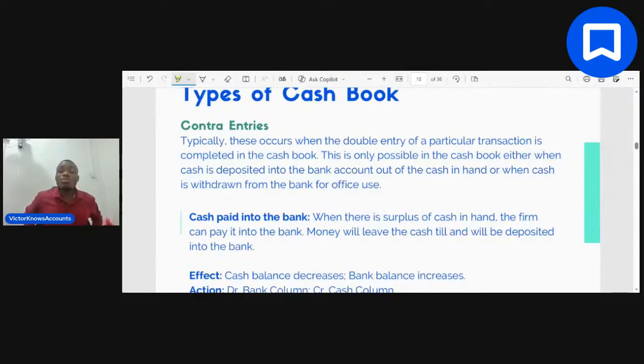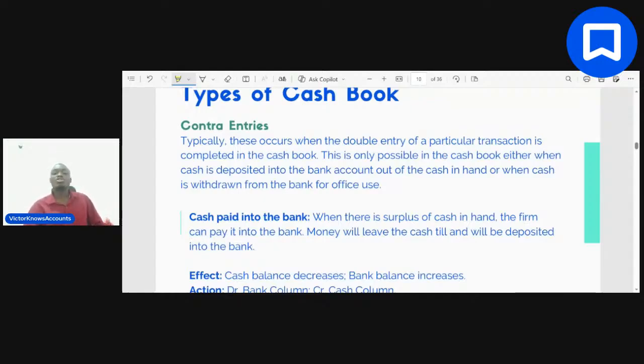So when the double entry of a particular transaction is completed in just one account, that is what is called a contra entry. So when both the debit entry of that transaction and the credit entry of that transaction are completed in that same account, that is what a contra entry is.